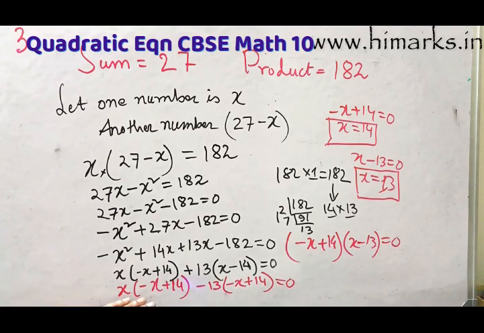So here this calculation became a little difficult. So most of the time what we do, this is also another way, is that you take minus 1 common from here and it becomes x square minus 27x plus 182. Okay, so you will get a better calculation.